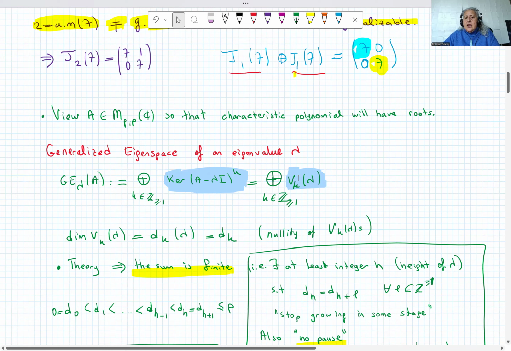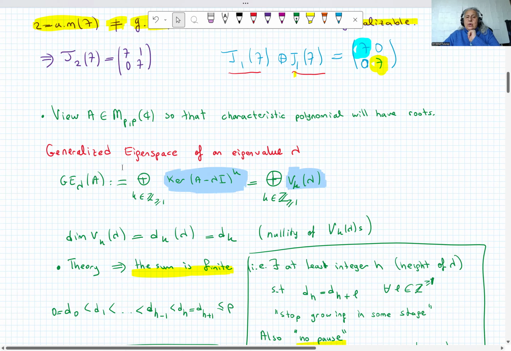We call these dimensions d_k. Depending on the lambda, if there's no confusion, we remove the lambda and only denote them by d_k, if we are focusing on only one eigenvalue. So this is the generalized eigenspace definition.